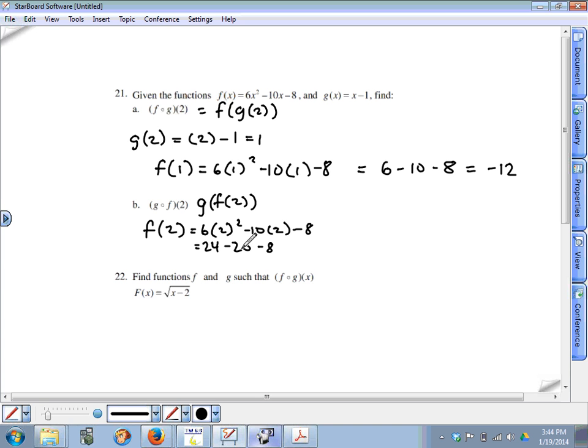So 24 minus 20 is 4. 4 minus 8 is negative 4. So now we evaluate g at negative 4, which is negative 4 minus 1, which is negative 5.